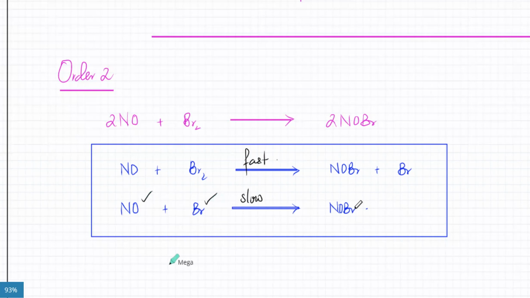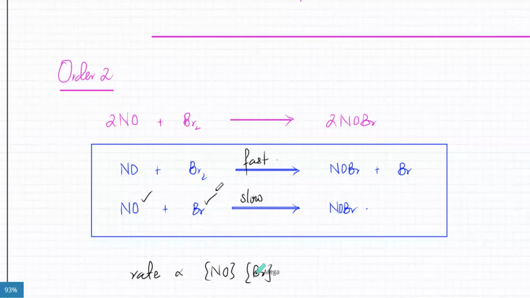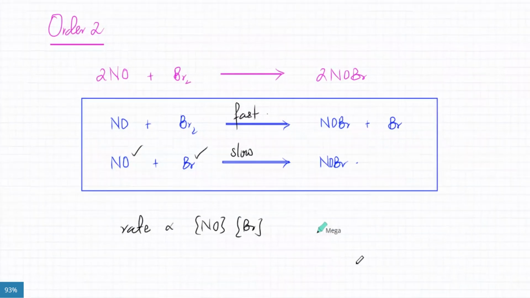So in this case, the rate depends on NO concentration and Br concentration, because if the slow step speeds up, the overall reaction speeds up. If you increase the concentration of Br or NO, the reaction would speed up. Is this clear up to this point? Yes, sir.